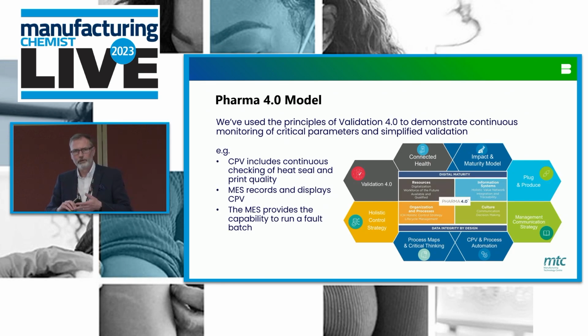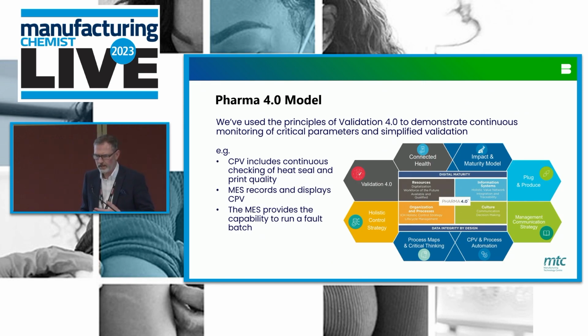And we can also do challenge batches, so we can have a work instruction within our MES that says introduce an incorrect tablet or a faulty tablet, or damage the blister, and confirm that the controls and the checks actually work.